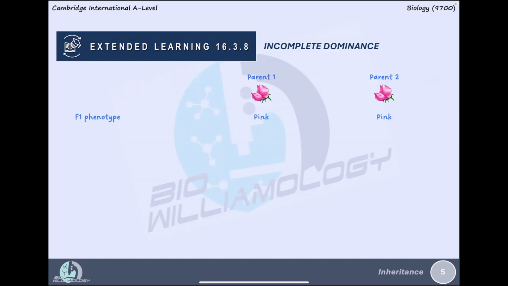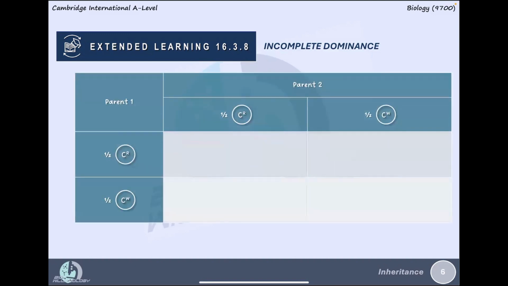So again, let us look at the genetic cross between two F1 parents, parent one and parent two. Both of them are pink, heterozygous CRCW, and both produce CR allele gametes and CW allele gametes in equal ratio. When these two types of gametes are crossed, the cross produces three different phenotypes, red, pink, and white, in a ratio of 1 to 2 to 1.